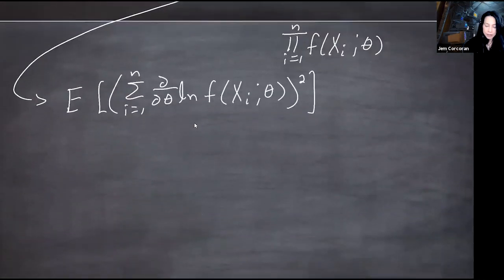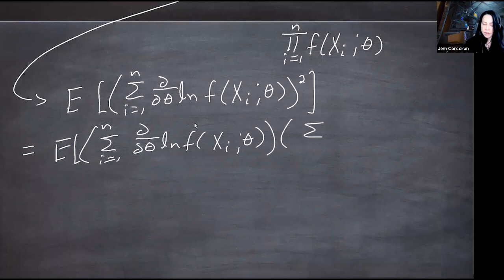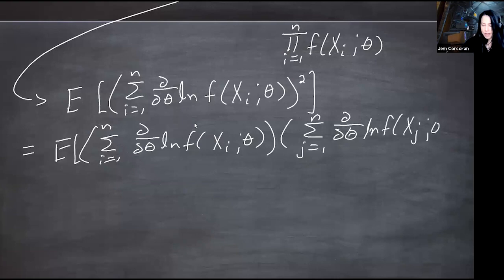To deal with this, I'm going to multiply 2 copies. So I'm going to rewrite this. I'm going to write out 2 copies, and I'm going to give them different indices so we don't confuse anything with the individual terms. So here's one, and now I'm going to write one with a j: d theta, log f of xj and theta.